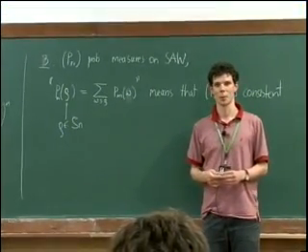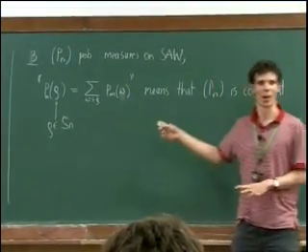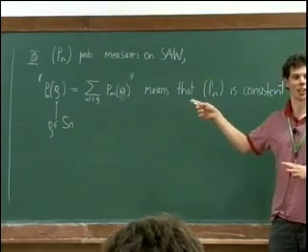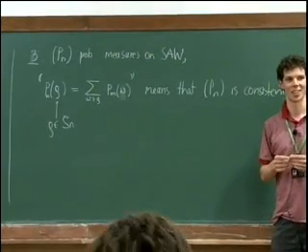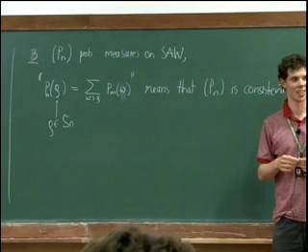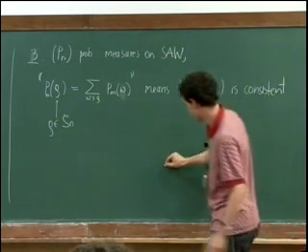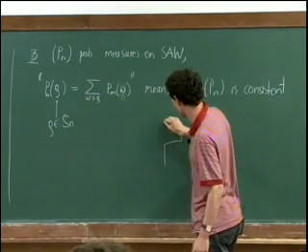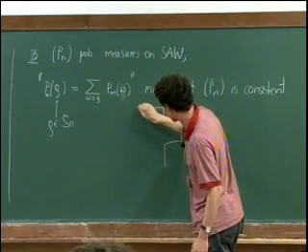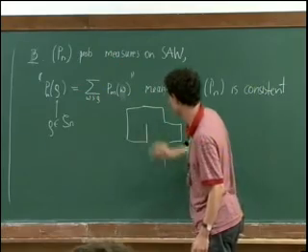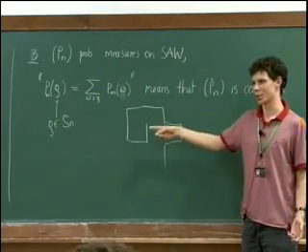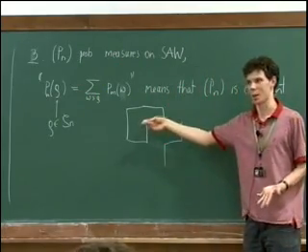So can anybody give me an argument why self-avoiding walks are not consistent? Sorry? Exactly. We can have walks which, let me see if I can draw this now. So this is a walk which is self-avoiding, but it gets trapped at this point.